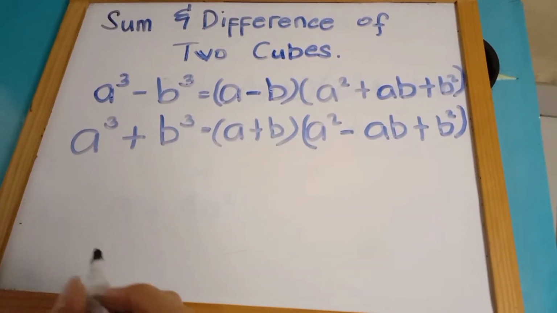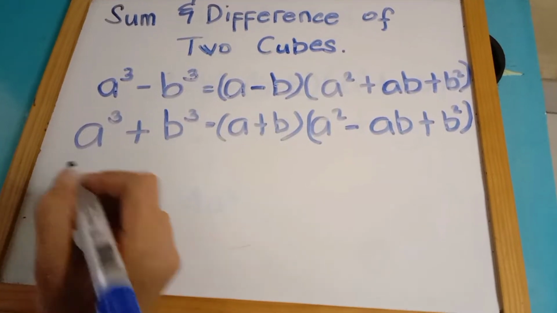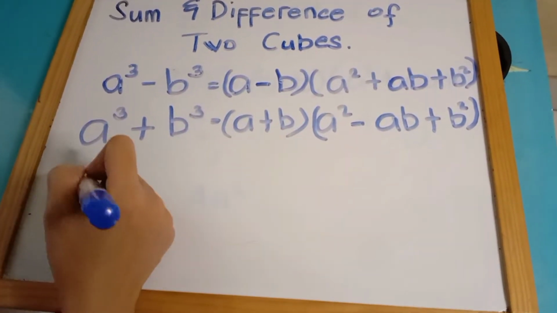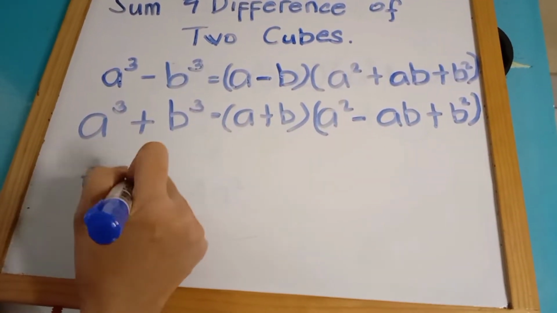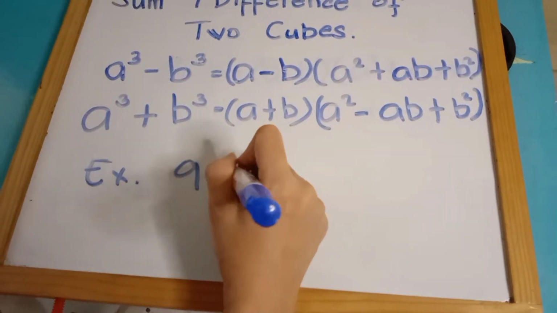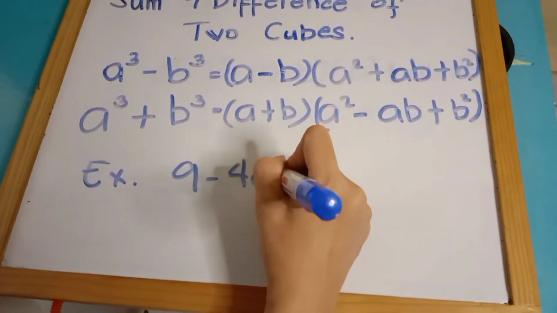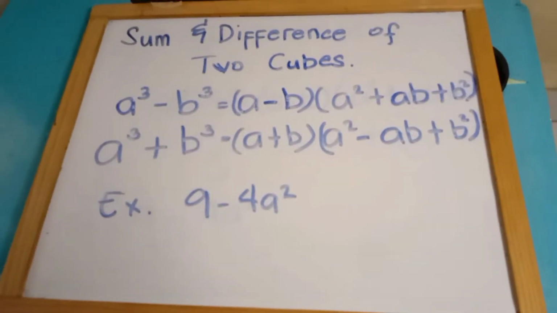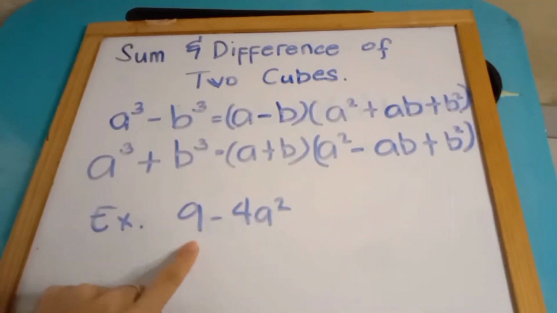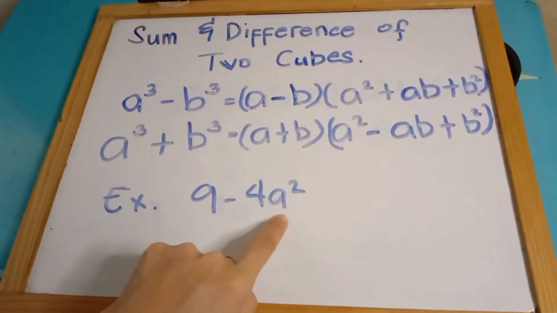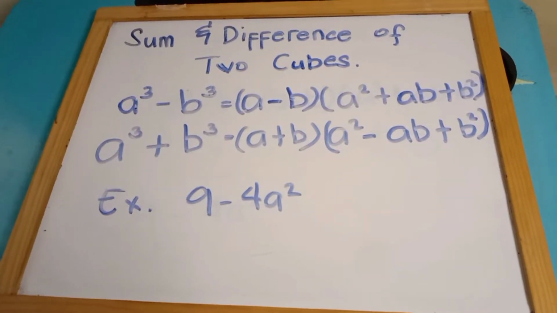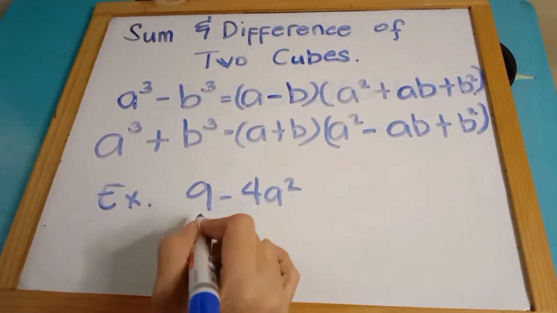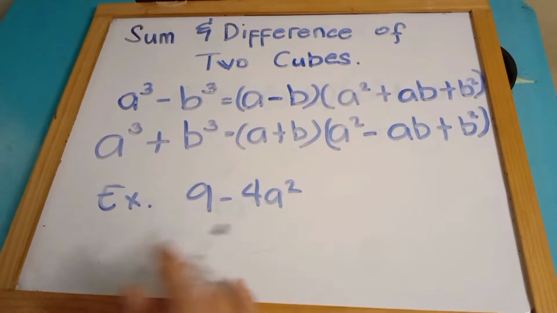So, we said, if it is a sum or difference of two squares, let's have an example: 9 minus 4a squared. If it is a sum and difference of two squares, the first term and the second term are perfect squares. So, what is now the factor of our given example?